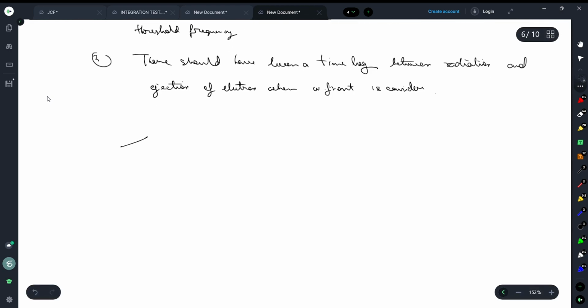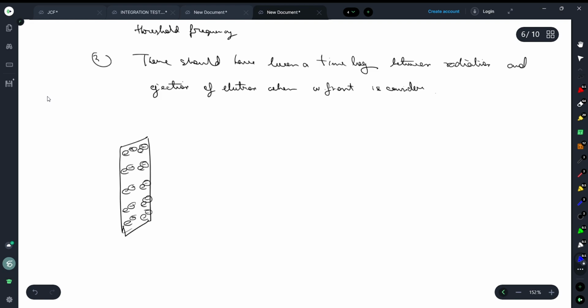Suppose this is the metal surface and on the frontmost surface we have the electron layer scheme. Okay, see. Now suppose energy was depending on intensity.